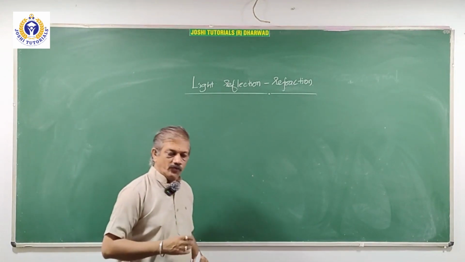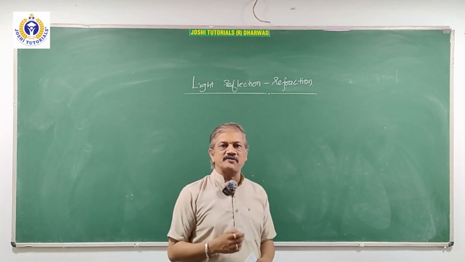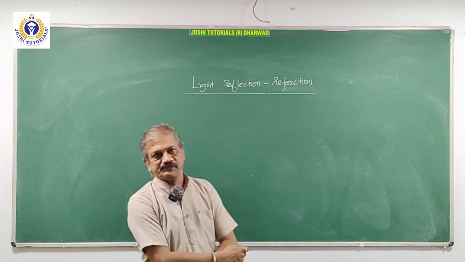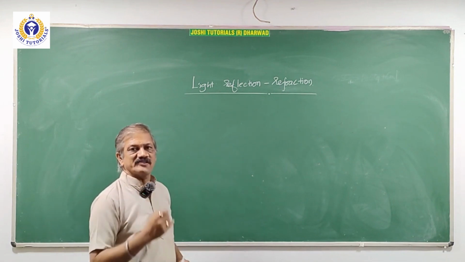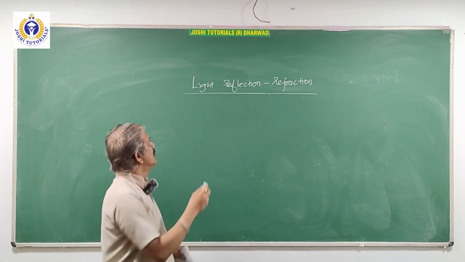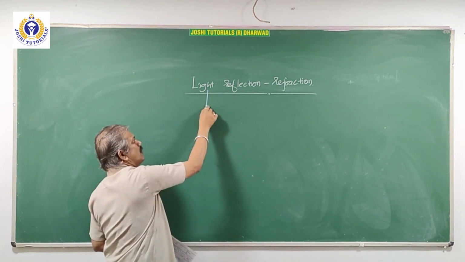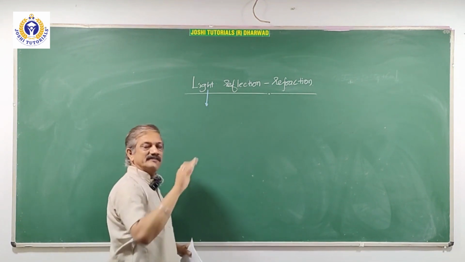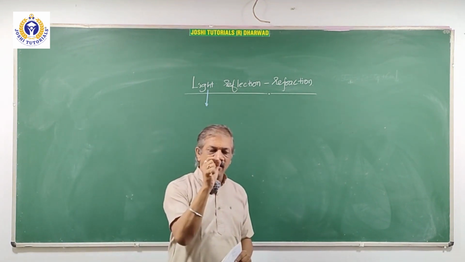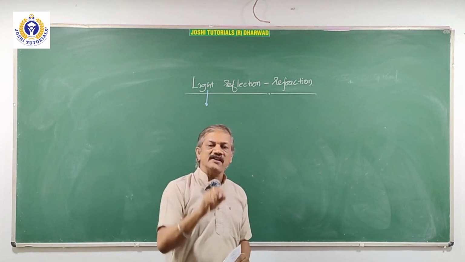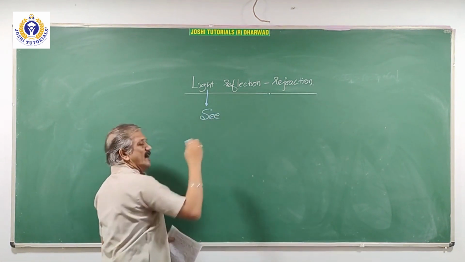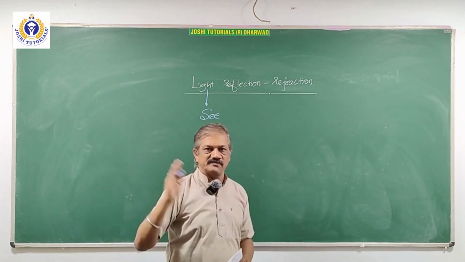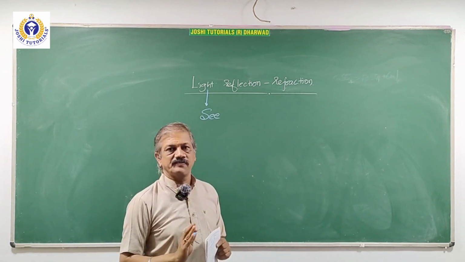So now we enter into another chapter in physics, that is light, reflection, refraction. You know already the meaning of light. It is a form of energy which makes us see the things surrounding us.